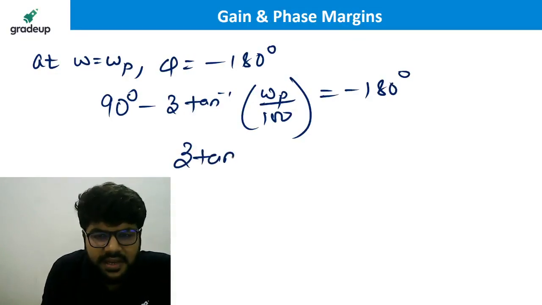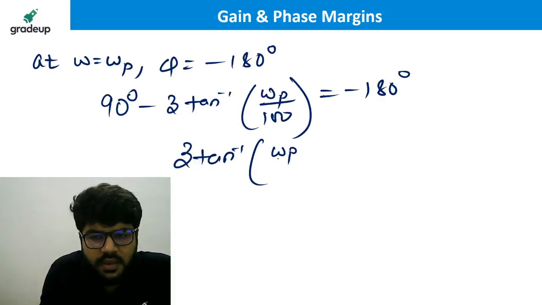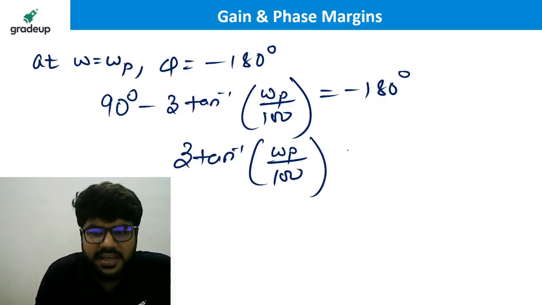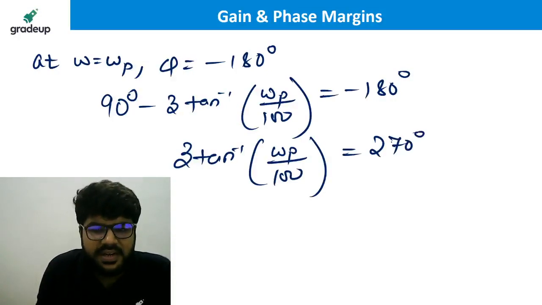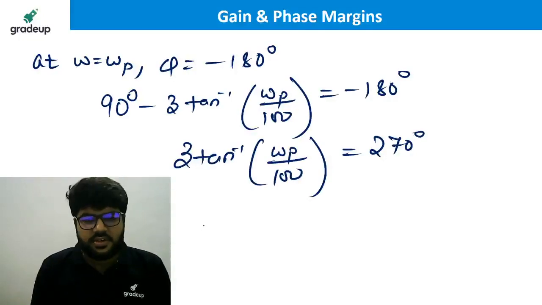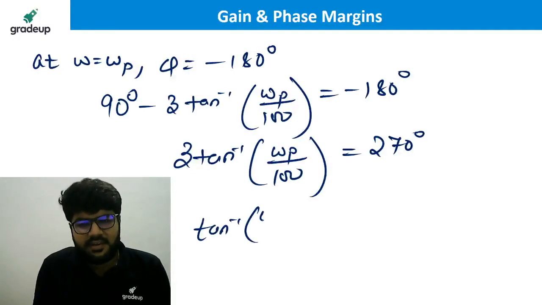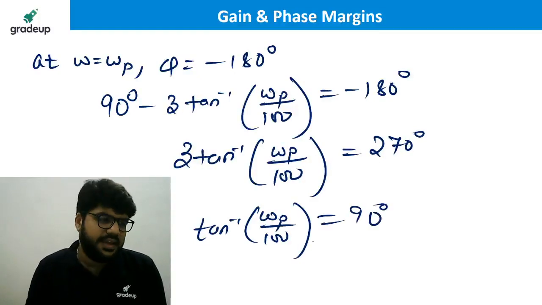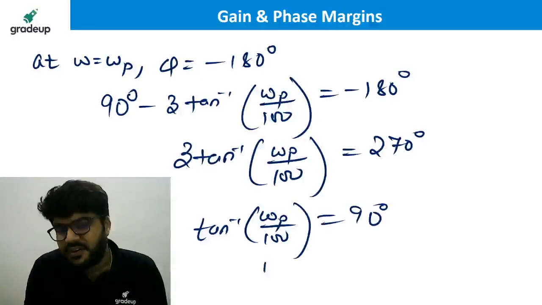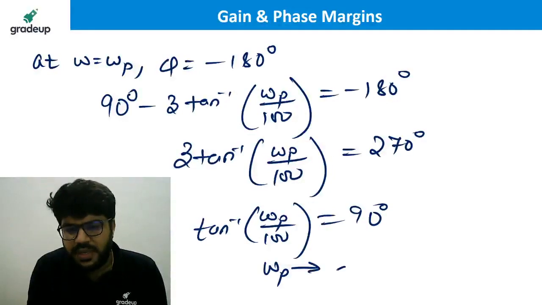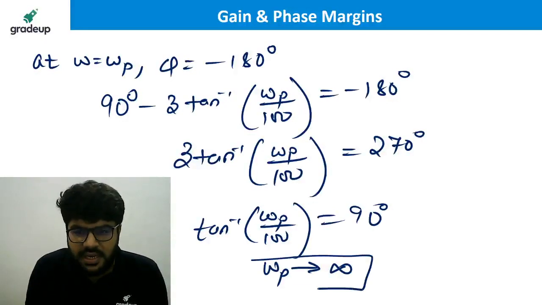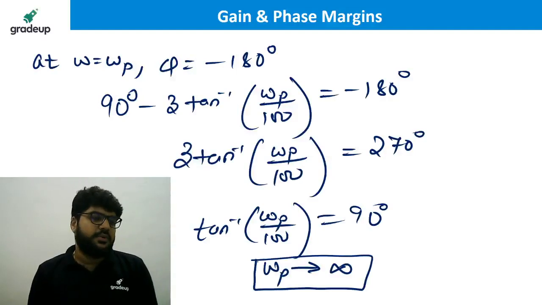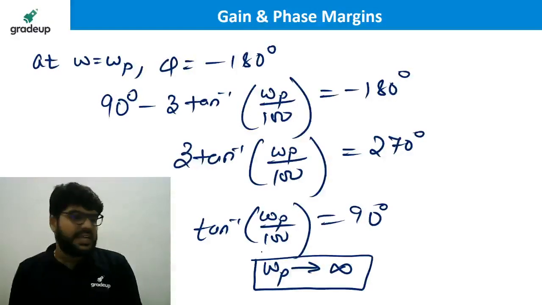So 3 tan inverse ω_p upon 100 is equal to 270 degrees. Cancel 3, so tan inverse ω_p by 100 equals 90 degrees. And how can tan inverse be 90 degrees? When inside you have infinity. So ω_p tends to infinity, an undefined frequency.